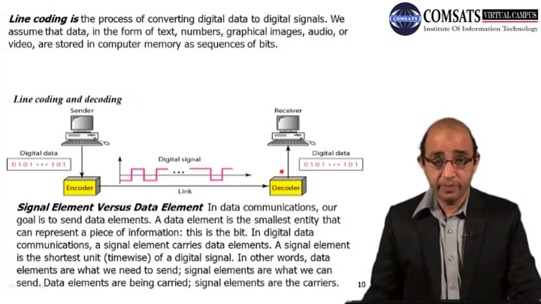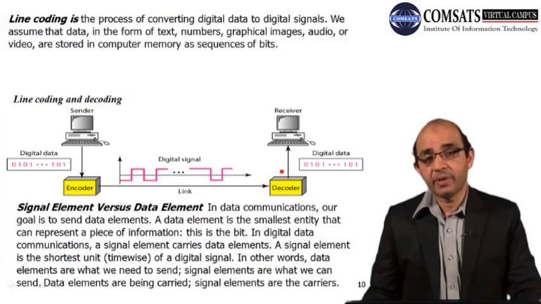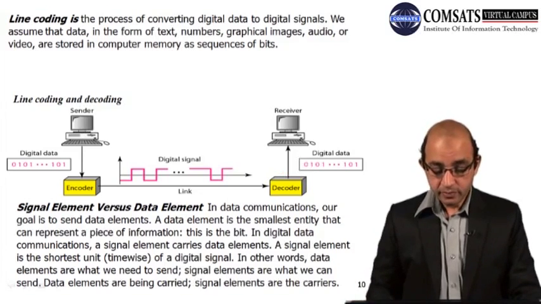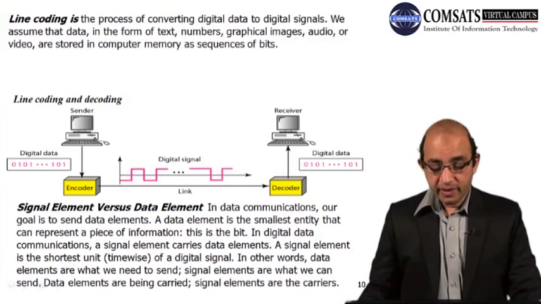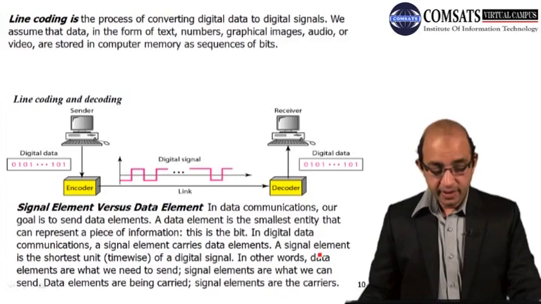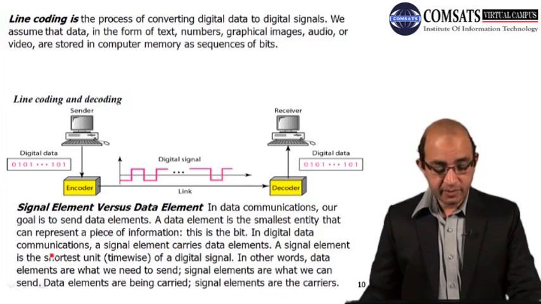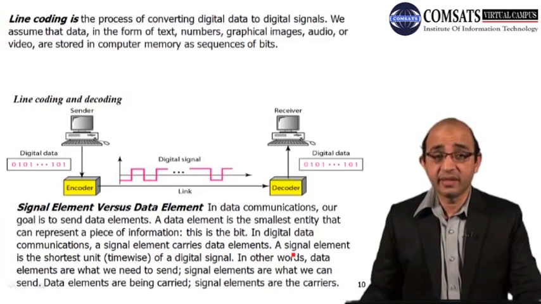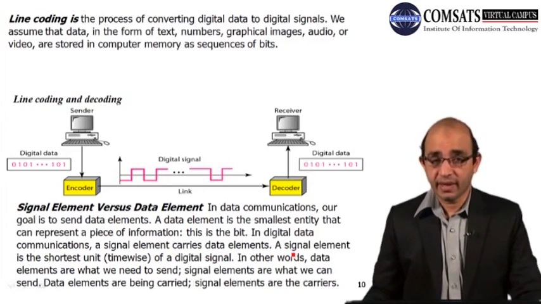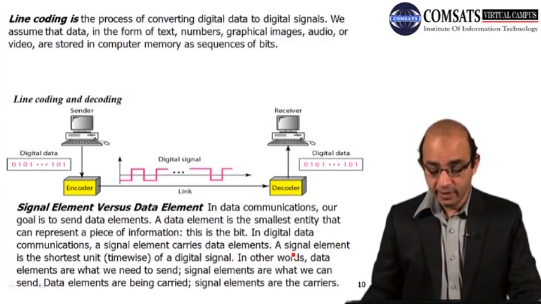So data rate, bits per second, megabits per second, whatever you take. A data element is the smallest entity that can represent a piece of information, and this fundamental unit we call a bit, binary digit. In digital data communication, signal elements carry data elements, so these are the signals that actually carry data from one point to another point.